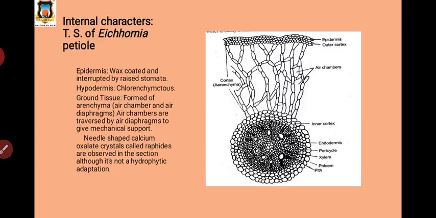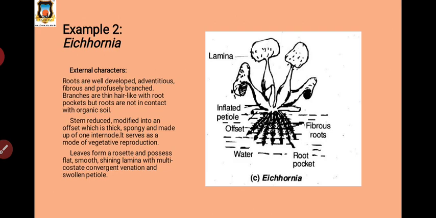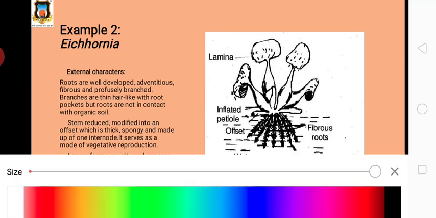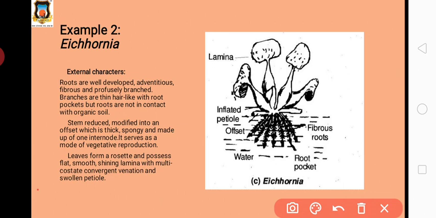Now the next example is Eichhornia. In Eichhornia, the external characters: the root system is adventitious as well as fibrous, and the branches are hair-like and form root pockets, but roots are not in contact with organic soil. Then the stem is reduced and modified into an offset, which is thick, spongy and made up of one internode, and it serves as the mode of vegetative reproduction. Then the leaves or lamina.